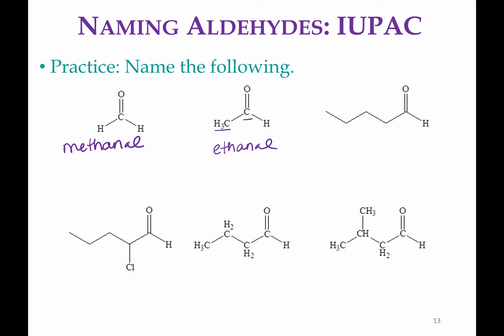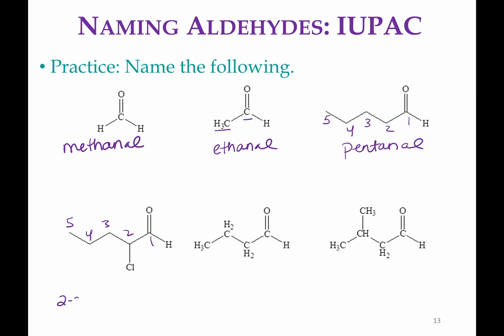All right, now the next one we might have to actually count. These are pretty simple ones here. 1, 2, 3, 4, 5. This would be pentane, but we drop the E and add al, pentanal. All right, these ones are going to have some substituents. 1, 2, 3, 4, 5. So at number 2, we have a chloro group.